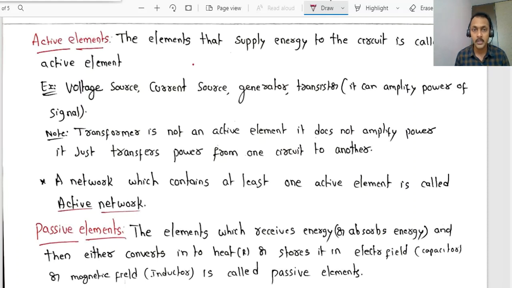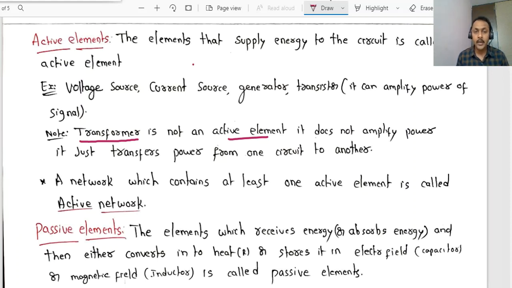Of course, there will be some losses. What I want to say is a transformer is not an active element. It will not amplify power. It will transfer the power from one circuit to another circuit without any change in the frequency, right? So active element examples are voltage source, current source, generator, and transistor, right?